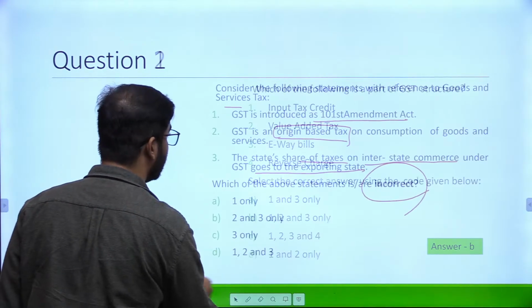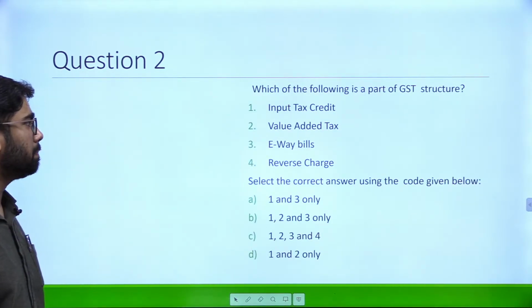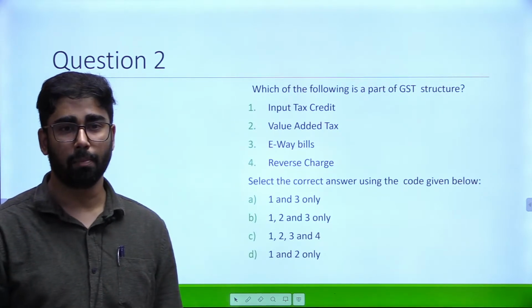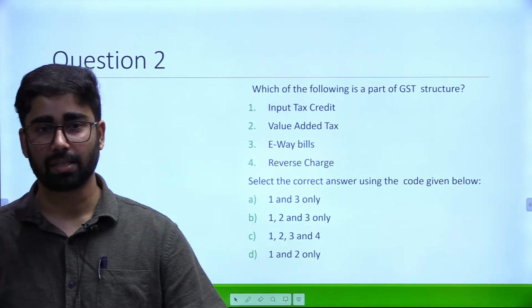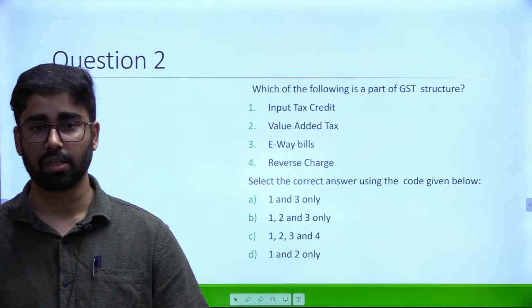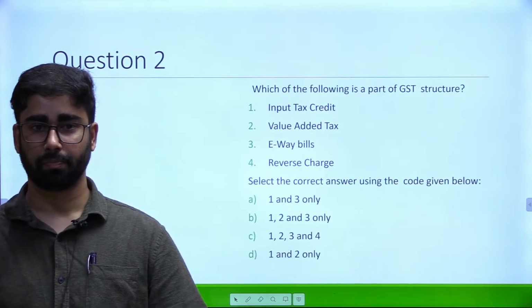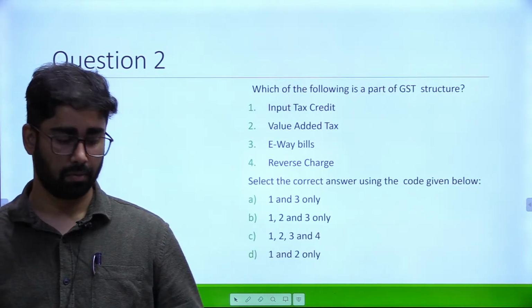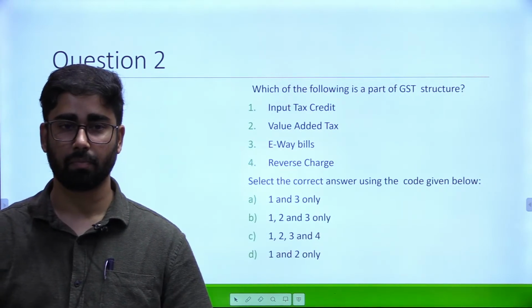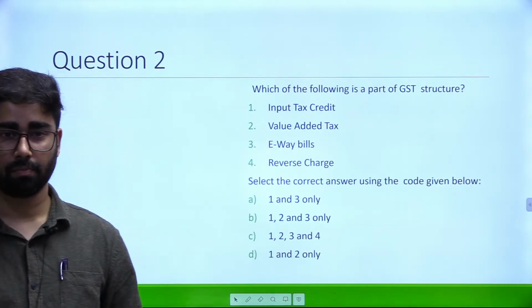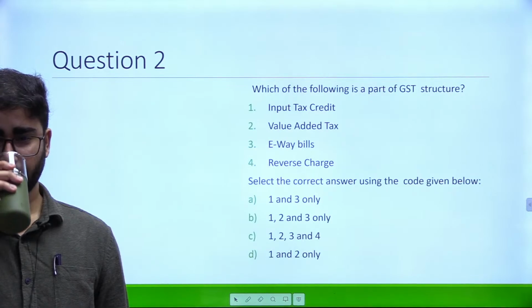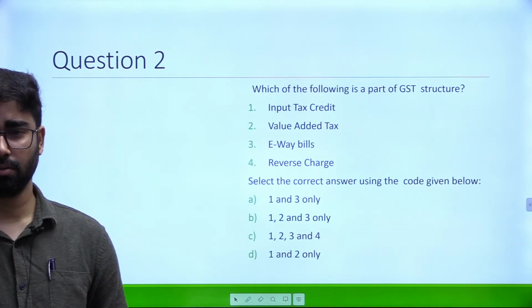Now the next question is, which of the following is a part of GST structure? Input tax credit, value added tax, e-way bills, reverse charge mechanism. Please answer. It's a very easy question.